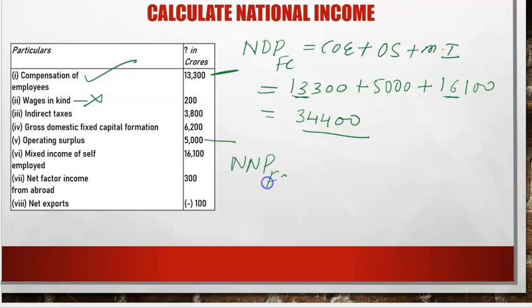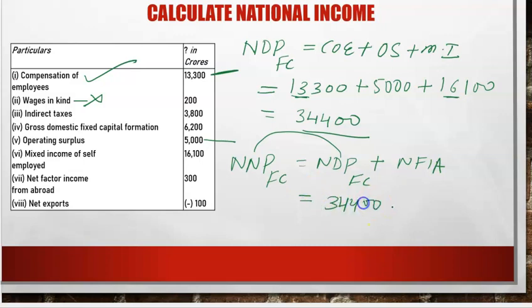To get NNPfc from NDPfc, I told you in the last class, class number 4, we have to change domestic to national, small to big, then we have to add the adjustment, that is net factor income from abroad. So 34400 plus NFIA. NFIA is 300, so it comes to 34,700. This is the easiest of all the simple numericals which you can solve like this.